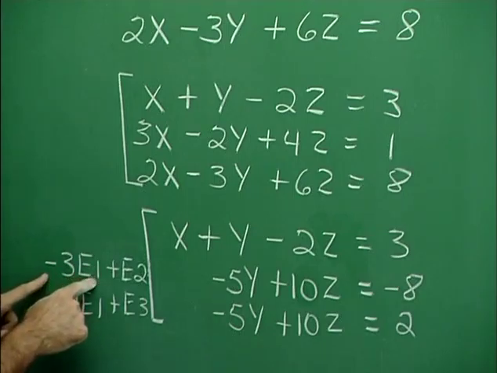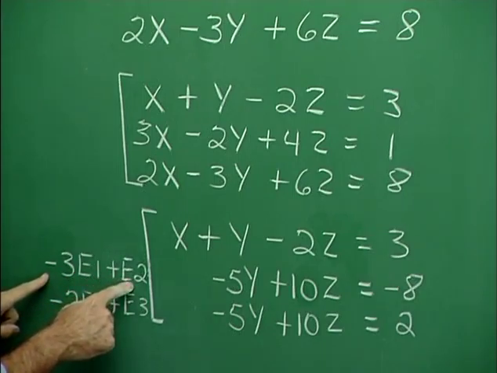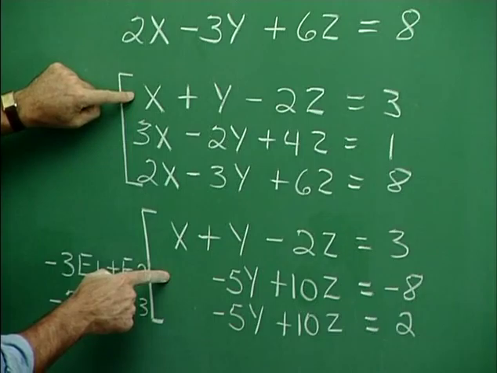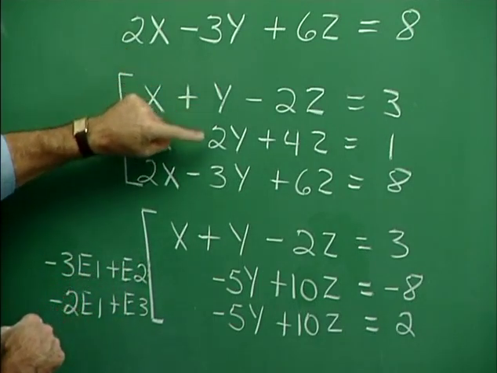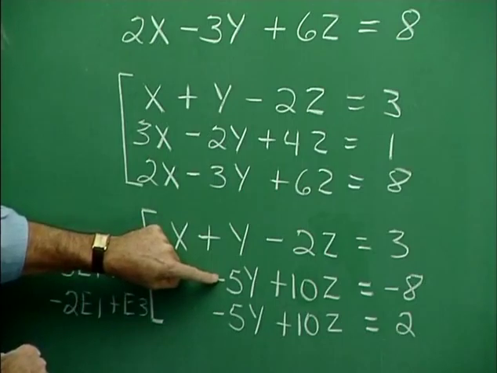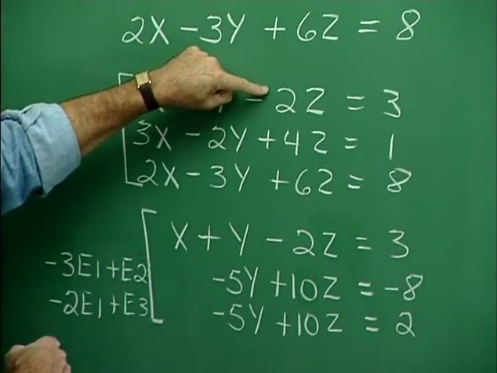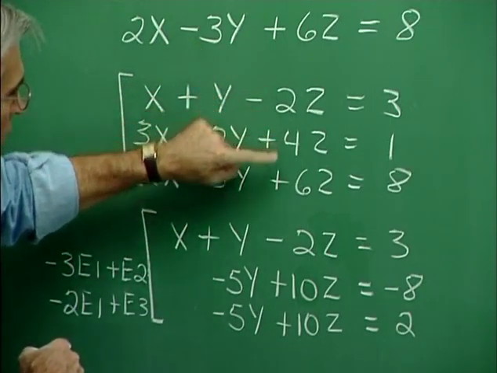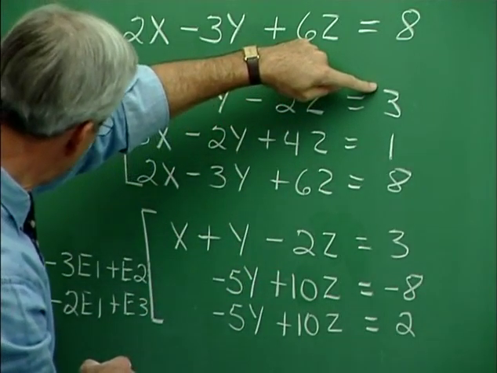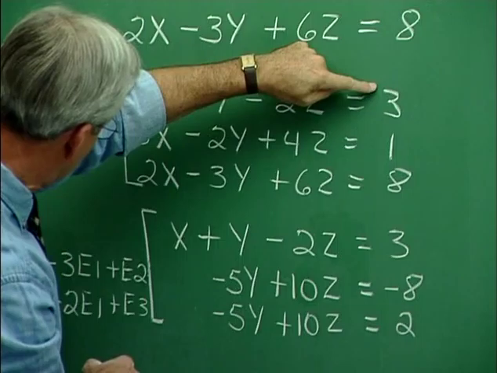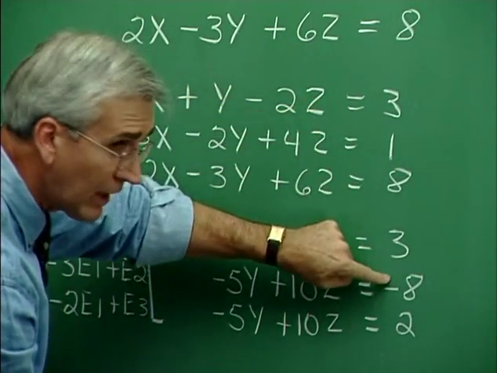Negative 3 times equation 1 plus equation 2. When we do that, we get a vacancy here as expected. Then negative 3 times y is negative 3y with negative 2y is negative 5y. Negative 3 times negative 2 is 6 plus 4 is 10z. Negative 3 times 3 is negative 9, plus 1 is negative 8.